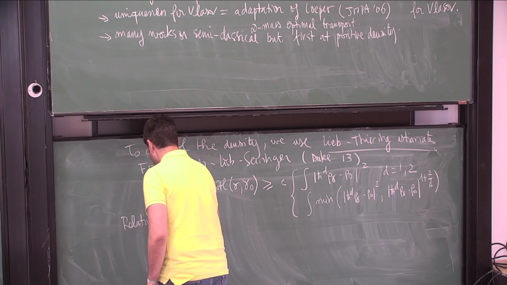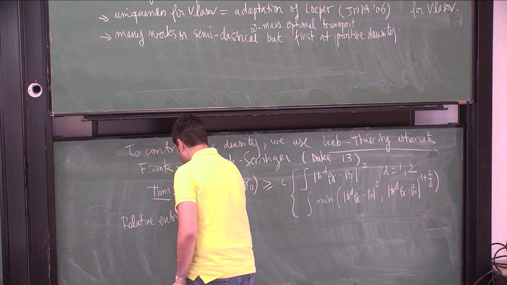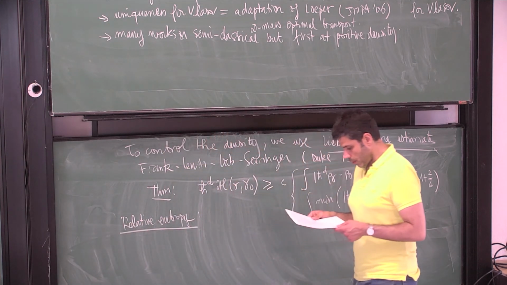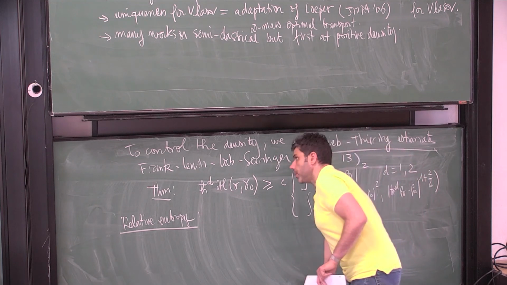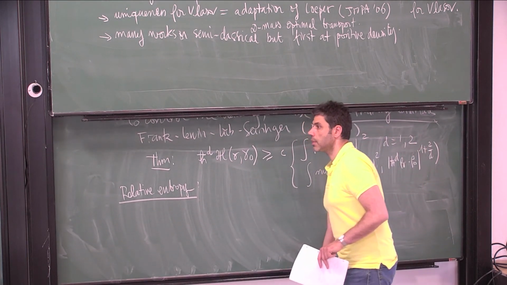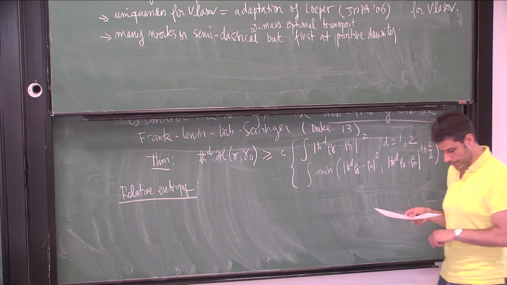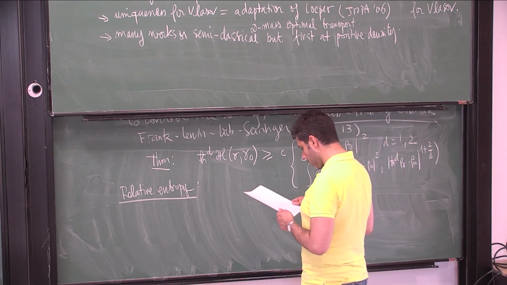Let me discuss this on the Vlasov part. Okay, so now I don't know what you know, but my experience is that surprisingly it's not that well known in quantum theory, so let me discuss this for 5 minutes.